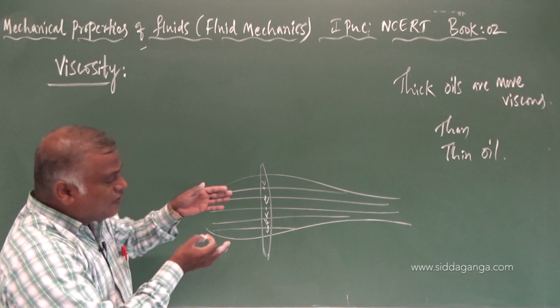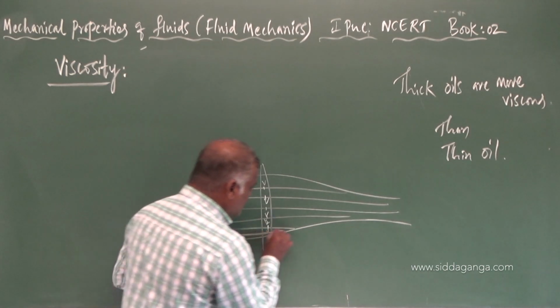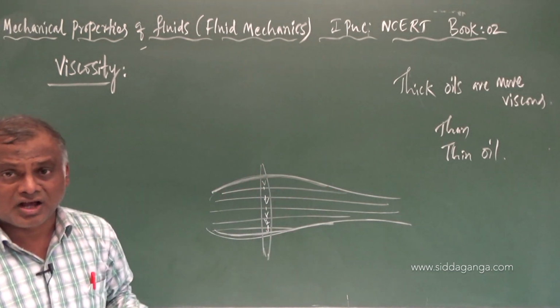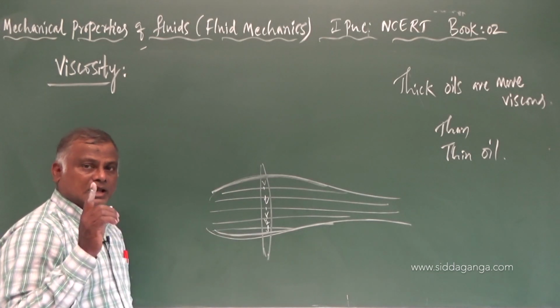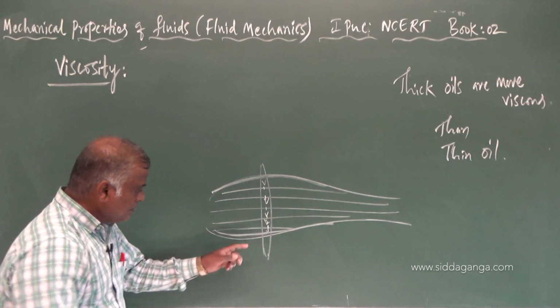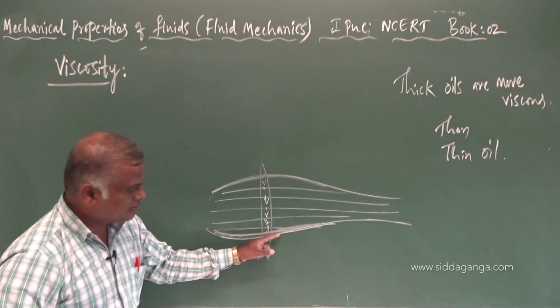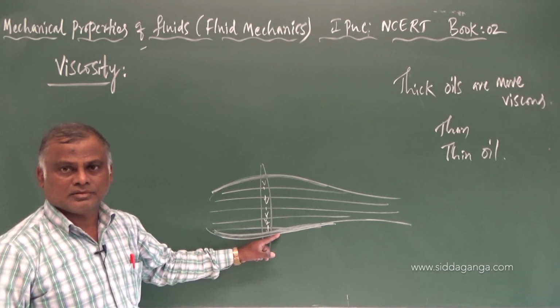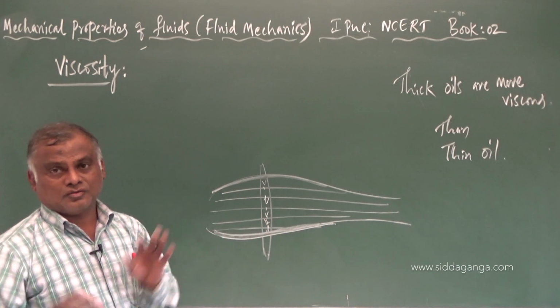If you observe the flow of fluid, the layer of fluid which is in contact with the surface of a container or a pipe is almost at rest. Means its velocity is imagined to be 0.